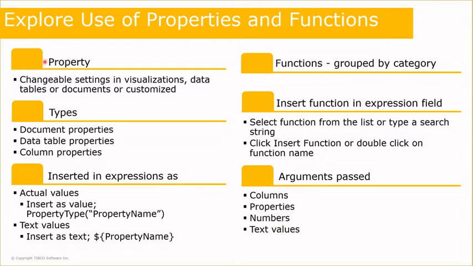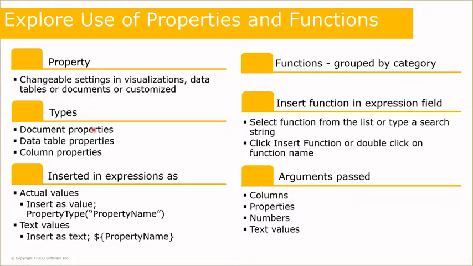Okay, now the next thing is properties. Till now we have seen that we have available properties section in the calculate column dialog or the custom expression dialog. So what exactly are these properties? Properties are nothing but changeable settings in visualizations. You can change a visualization axis, the values of the axis of these visualizations using these properties.